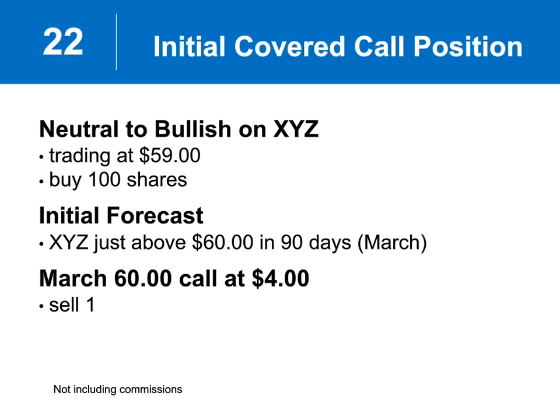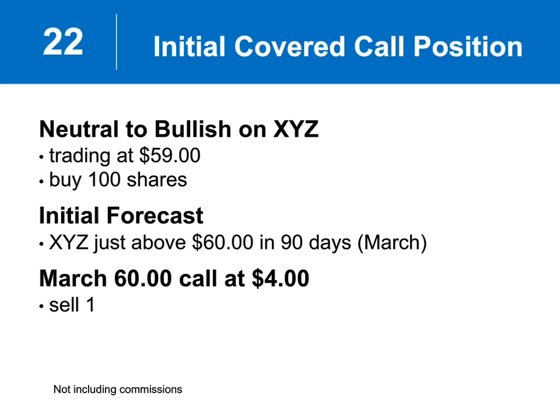So we're going to buy 100 shares of XYZ at 59, and we think over the next 90 days or so, which will take us out to a March expiration, we're looking for the stock to be somewhere maybe just above $60. So that just out of the money strike, that 60 strike with the stock at 59, would be out of the money by just a point for you folks who are just getting started with options here.